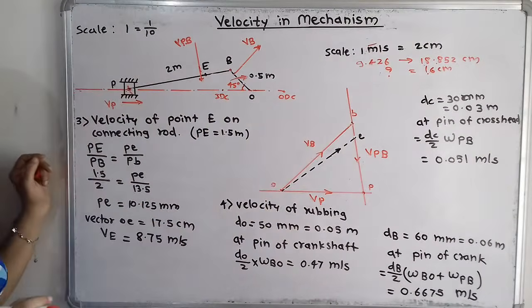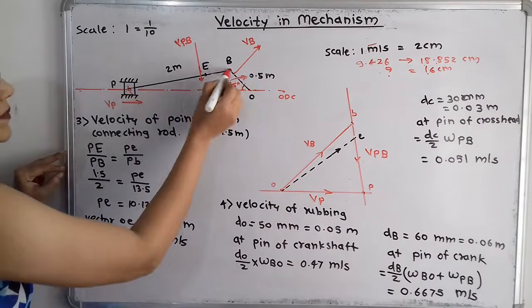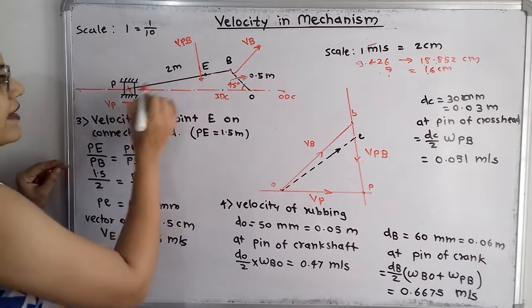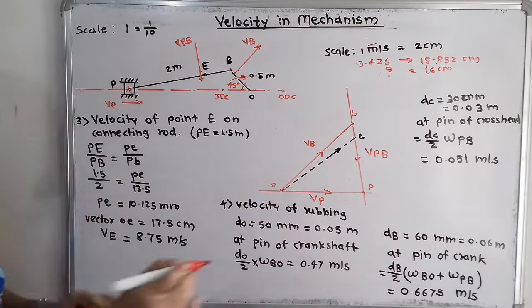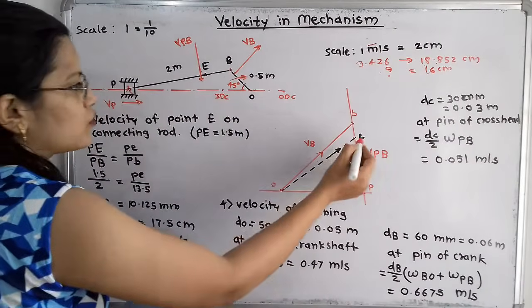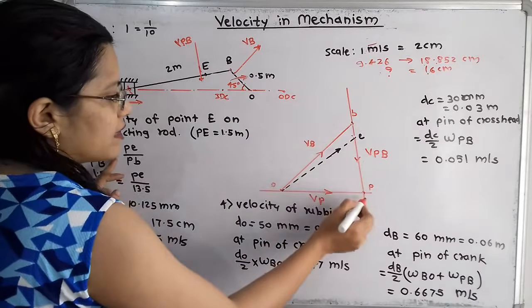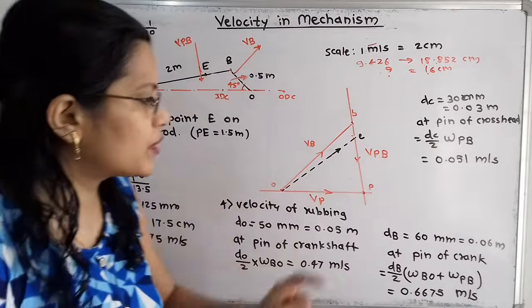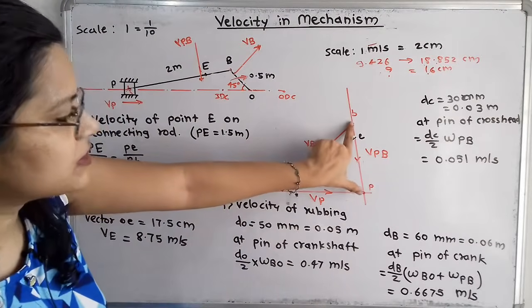So we take the ratio PE divided by PB, and we have to take the same ratio here. Now the exact location of point E is unknown, but we know the total length of this PB.